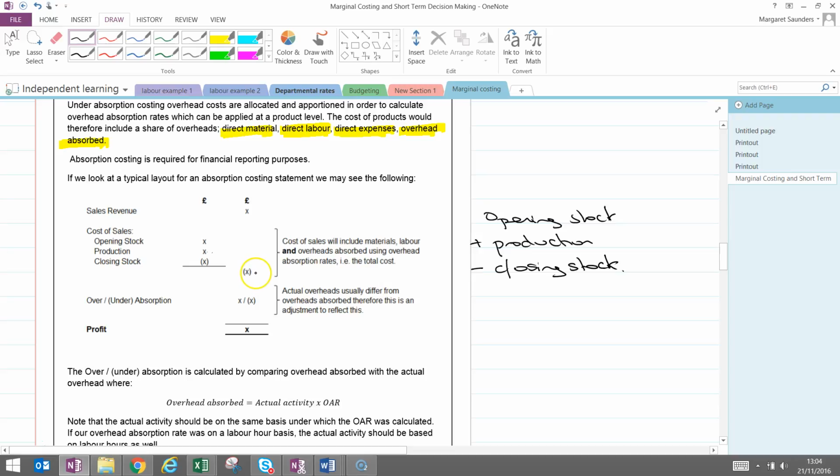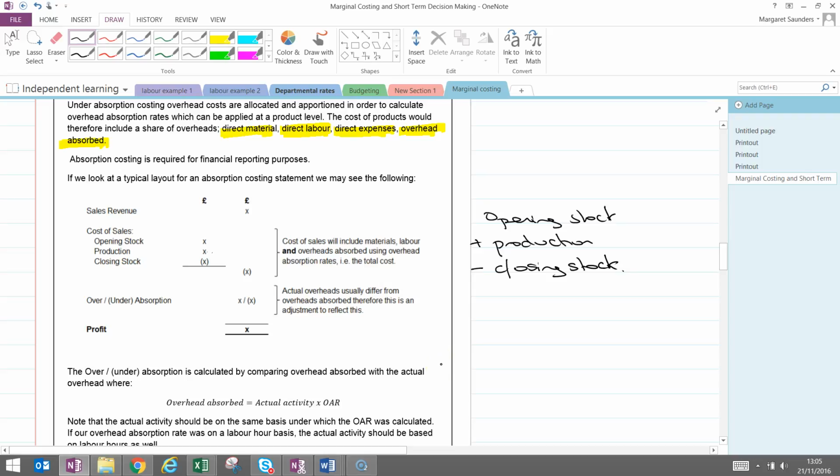However, what you then need to remember is that in order to calculate your actual profit figure, you're going to have to make an adjustment for the over or under absorption of overheads. The overhead figure that is included in your production cost is the overhead absorbed.